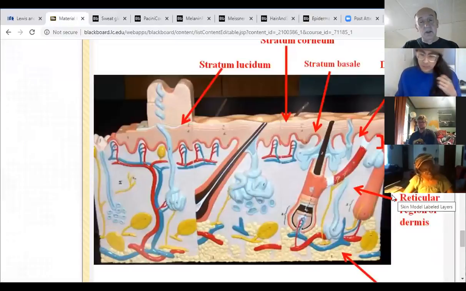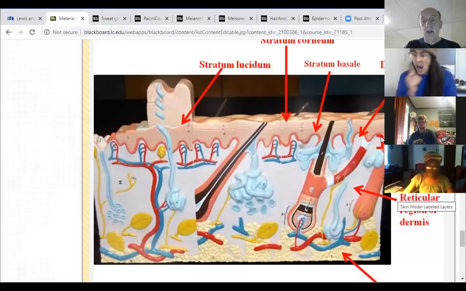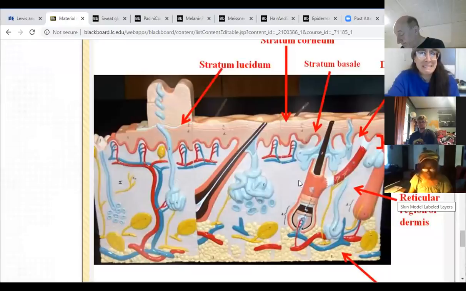Again, this model is the best way to point out the reticular region and the papillary region. Inside the dermis is where we see a large number of these appendages.